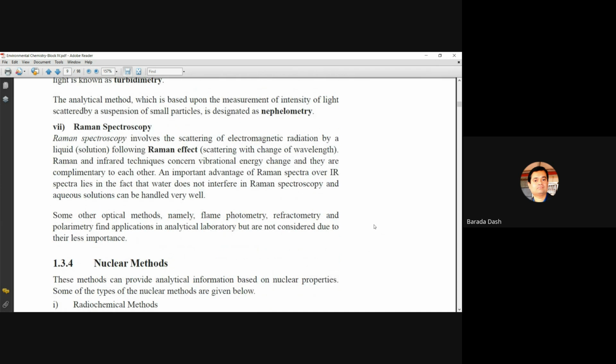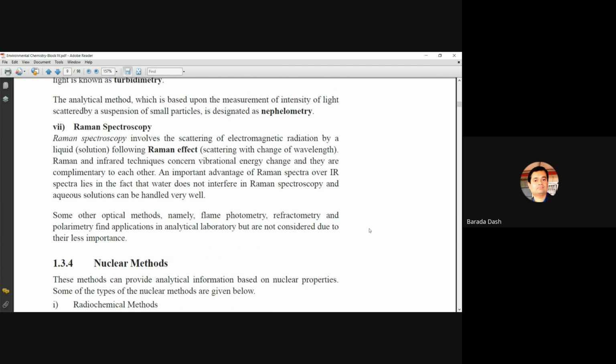So Raman spectroscopy is just the opposite of IR spectroscopy. Here also, electromagnetic radiation is applied to a liquid or solution, following the Raman effect. Both Raman and infrared spectroscopy techniques involve vibrational change, and they are complementary to each other.